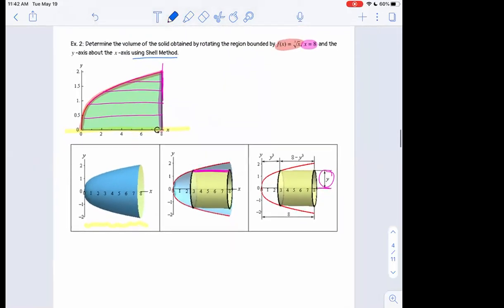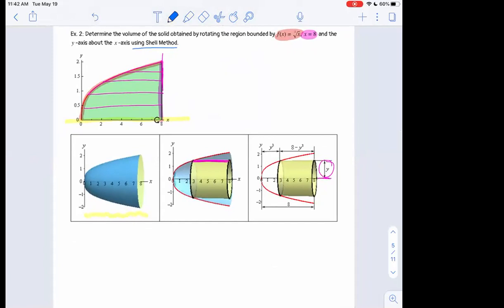So if we were to go ahead and set up this integral, okay, I know if I have an x-axis of revolution that I'm going to need to use dy with shell method. So volume is going to equal 2 pi, the integral from c to d, r h dy.